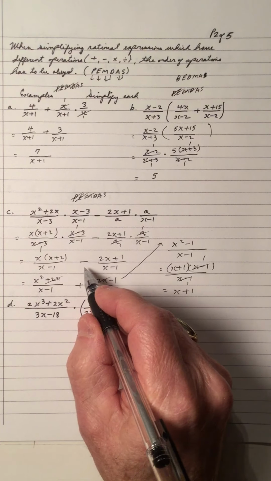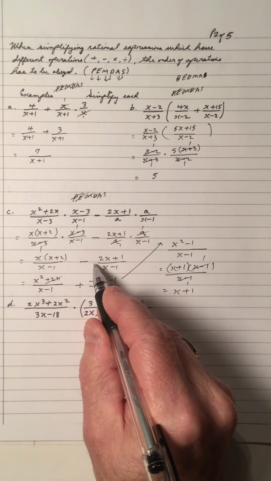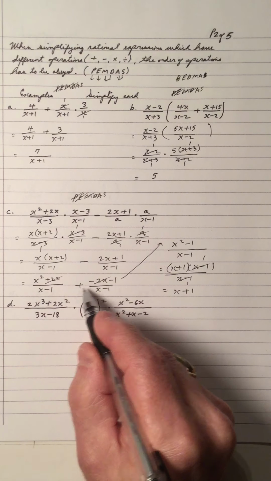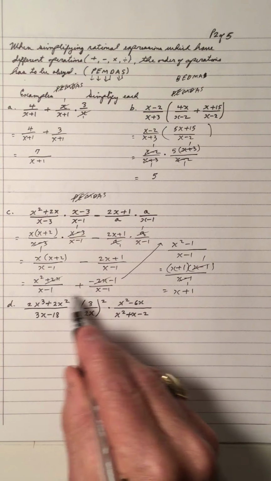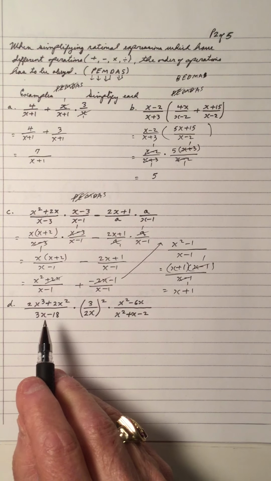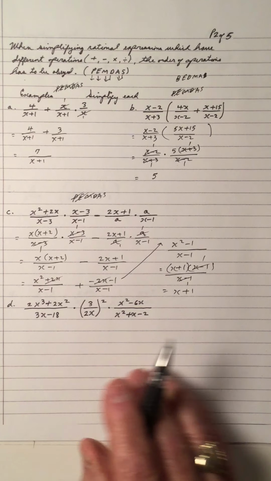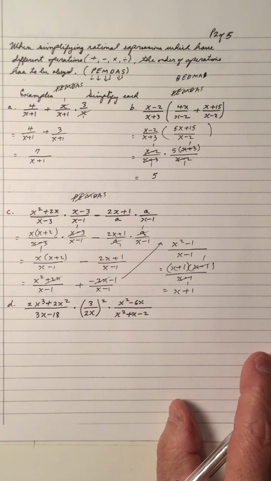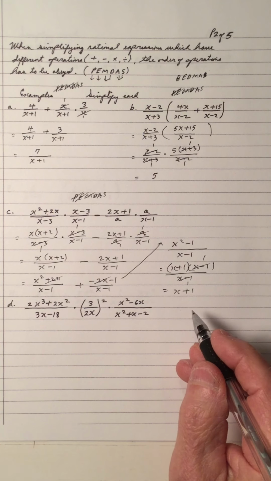But remember, when I subtract, I add on the opposite, so I never have a subtraction. I'm adding these together, and that's what gives me the common denominator of x minus 1. Okay, a little bit of work, but just think, obey PEMDAS.